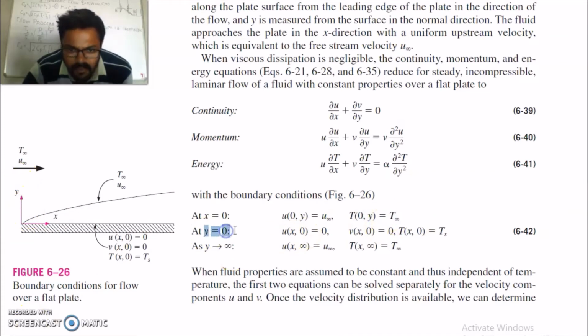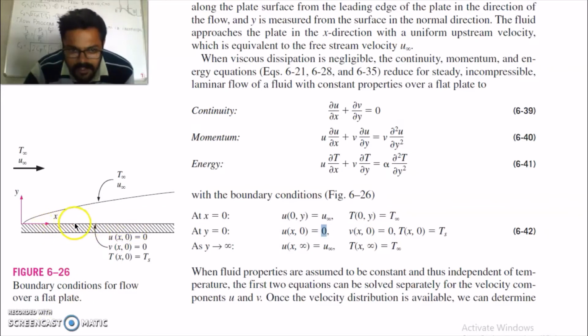At y = 0, which means at the layer just adjacent to this plate, there is the no-slip condition, so the velocity of the fluid is 0 because the fluid is at rest.